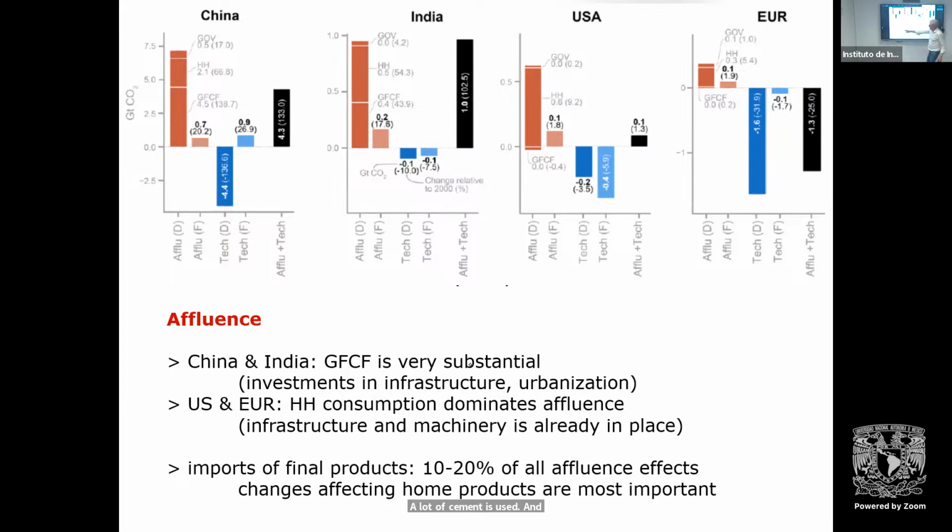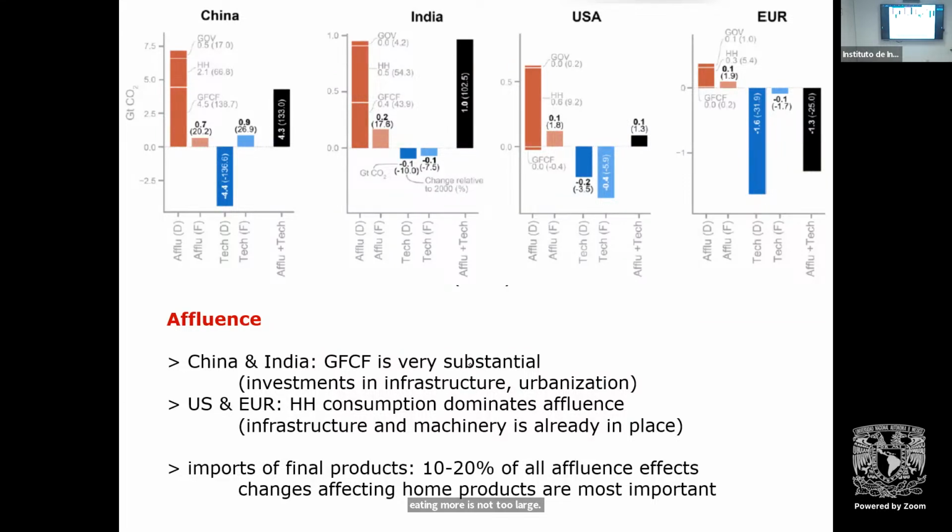In the US and the European Union, see that the bulk of the dark red is household. Household consumption is the largest part of the affluence. So there the infrastructure and machinery is already in place, and the emissions due to extra household consumption, eating more, is not so large.